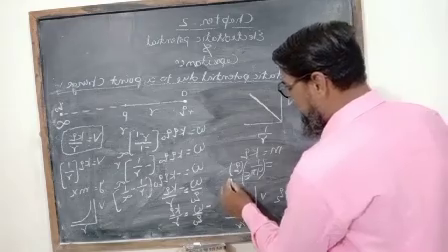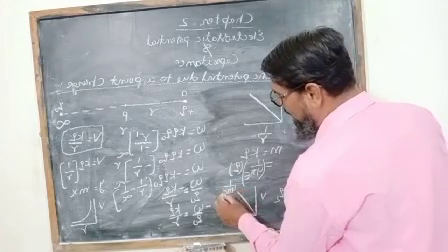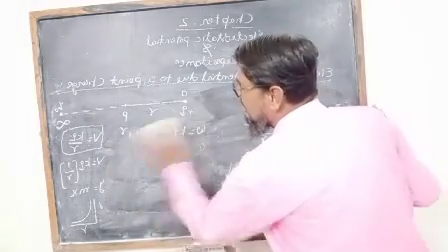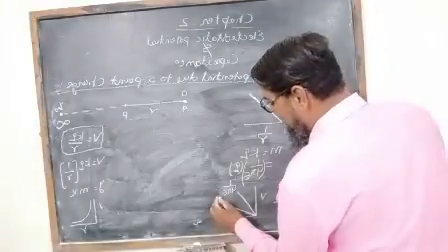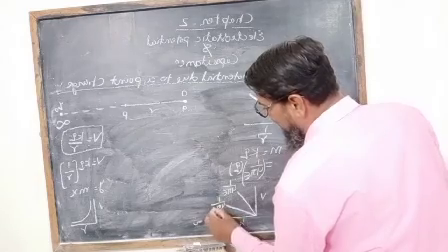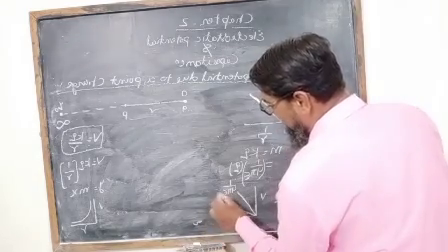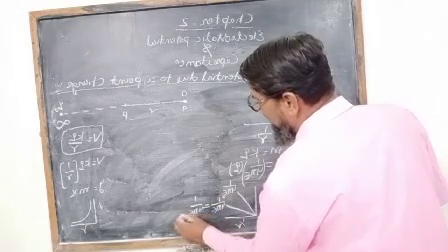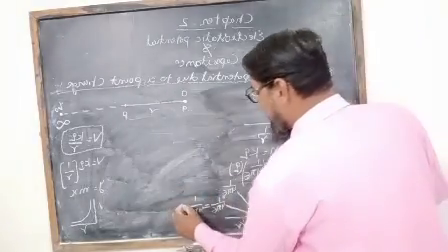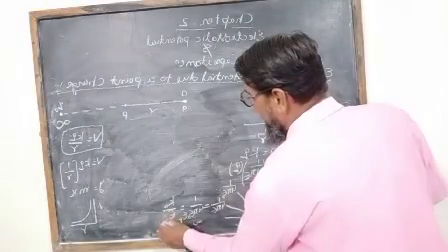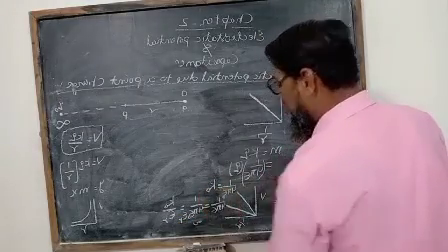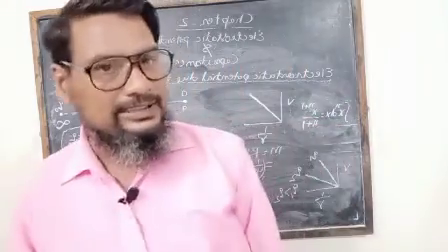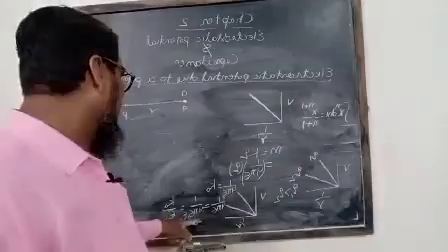Then we know that this is the value for 1 upon 4 pi epsilon naught for vacuum, and this is for 1 upon 4 pi epsilon naught epsilon r, meaning K0 upon epsilon r. For vacuum the slope of the curve will be greater, and for a medium the slope of the curve is smaller.